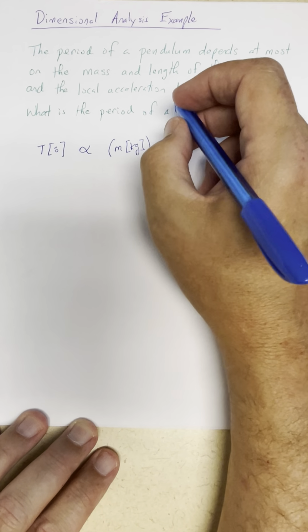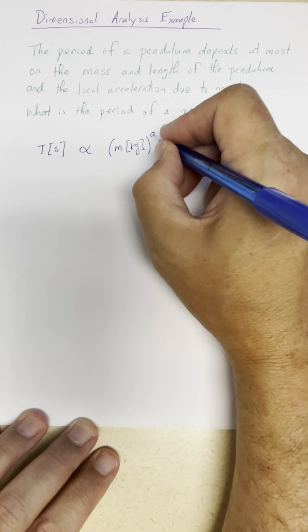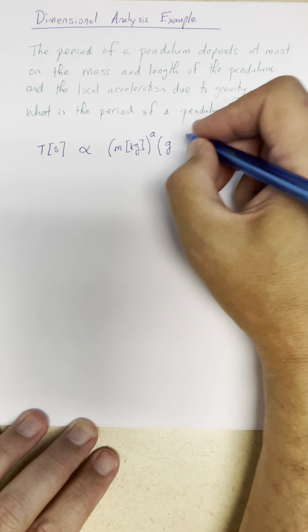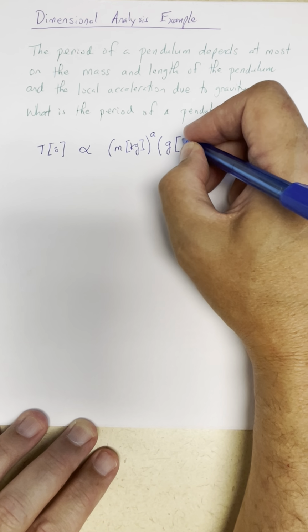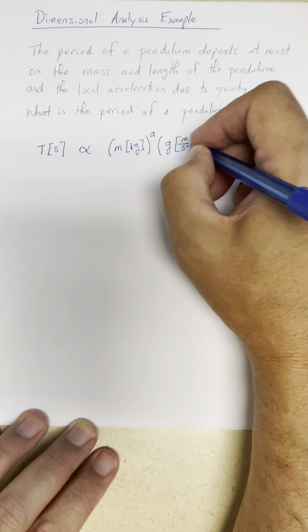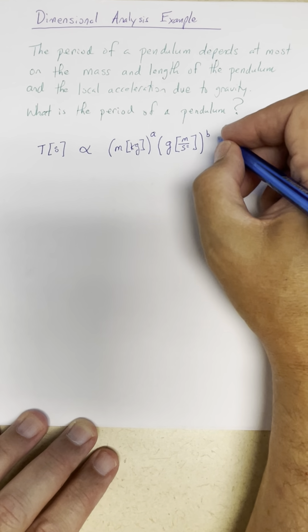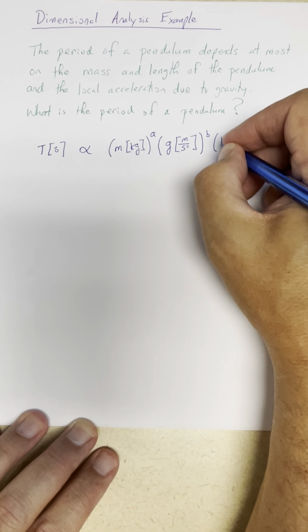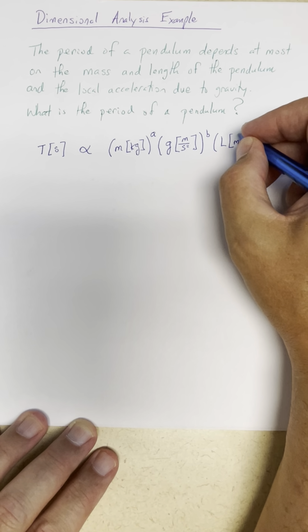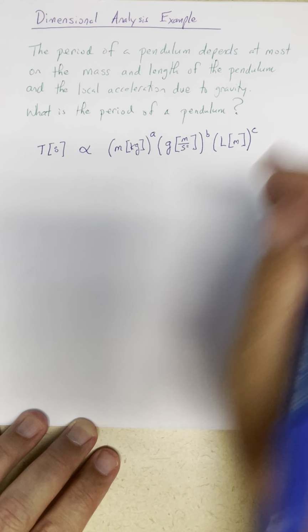So we'll say that is to a power a. Local acceleration due to gravity, and that is an acceleration in meters per second squared raised to the power b, and it could depend upon the length of the pendulum, and that is a length in meters in our MKS system.